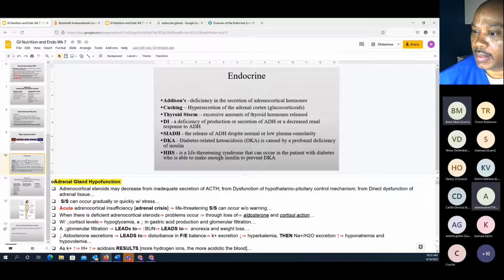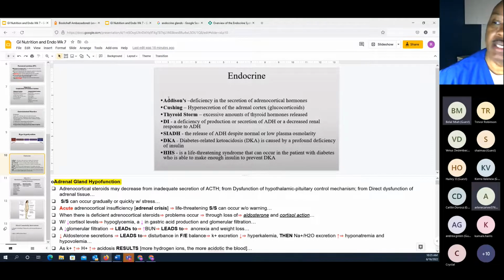All right, so now this is the one that I really wanted to get to, slide 10, because I think this is one that will probably confuse quite a bit of people. When we're talking about Addison's disease and Cushing's disease, I kind of want to talk about these more or less in pairs.